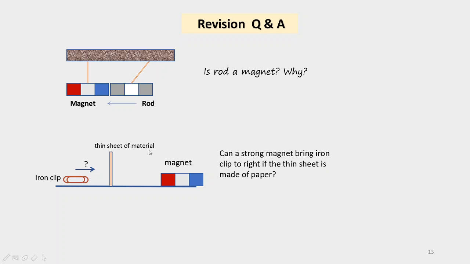Paper is a non-magnetic material, and the magnet produces magnetic fields that can pass through non-magnetic materials. Therefore, it will be able to bring the clip to the right. So take note that as long as the sheet is made of glass, copper, or other non-magnetic material, it will be able to attract the clip to the right.